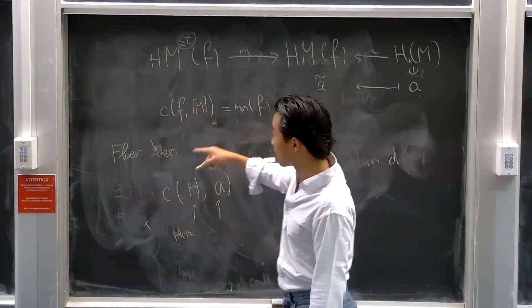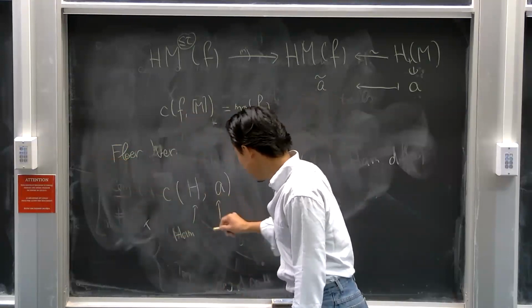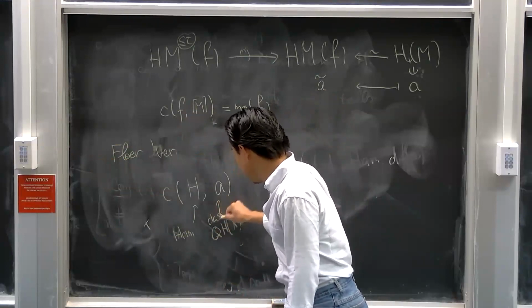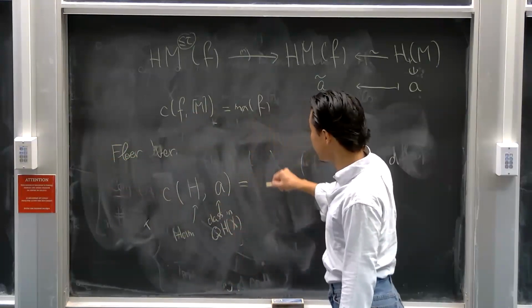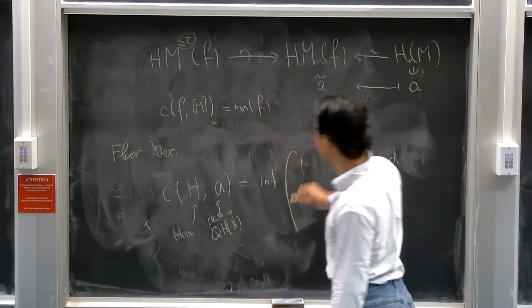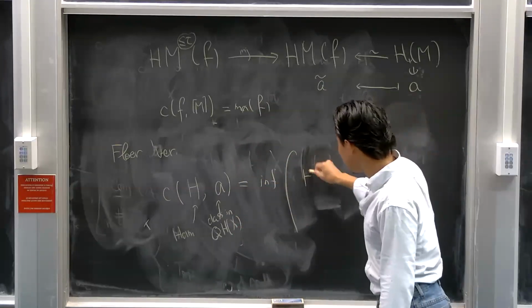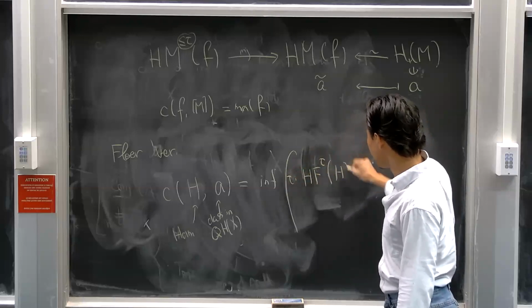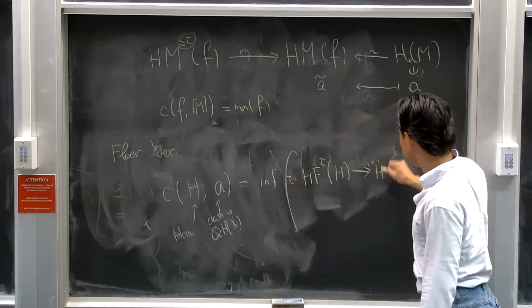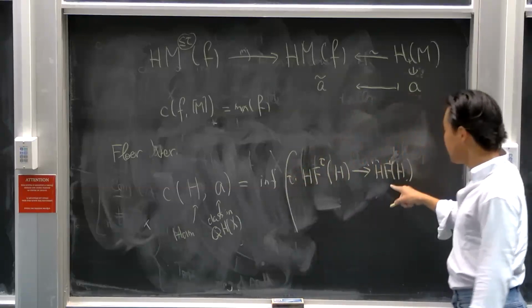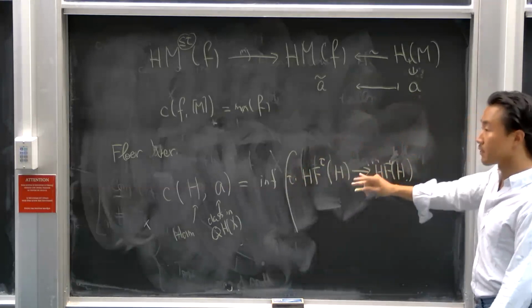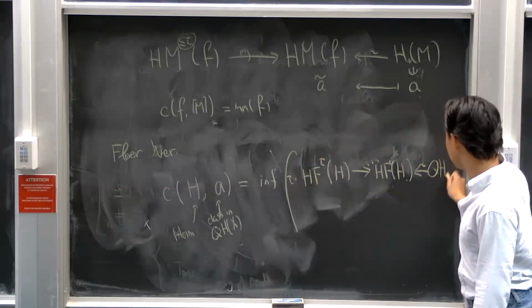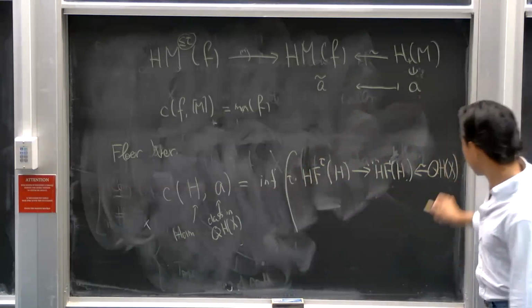So instead of a homology class, I assign a quantum cohomology class. And it's the same thing, it's the infimum. Well, I'm going to be very rough here, but we have the filtration tau, and I can map it to the full Floer homology group, which is ring isomorphic to the quantum cohomology.